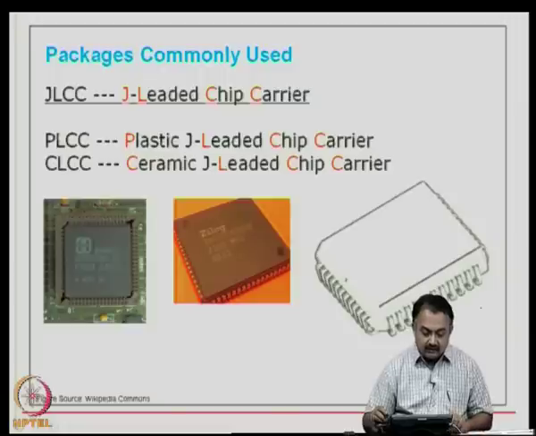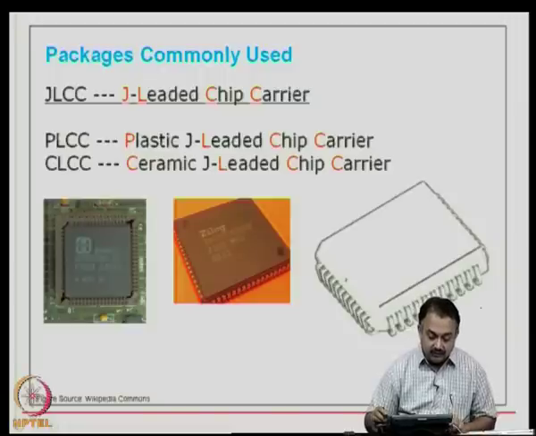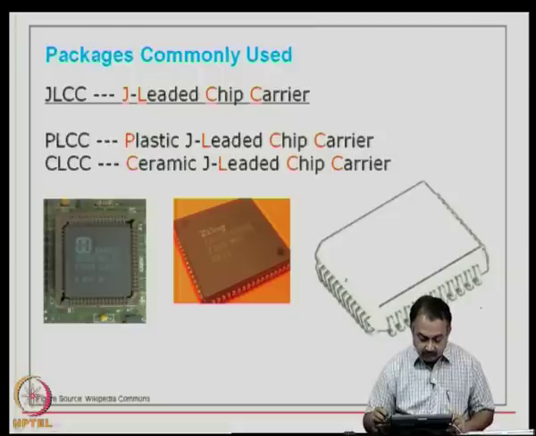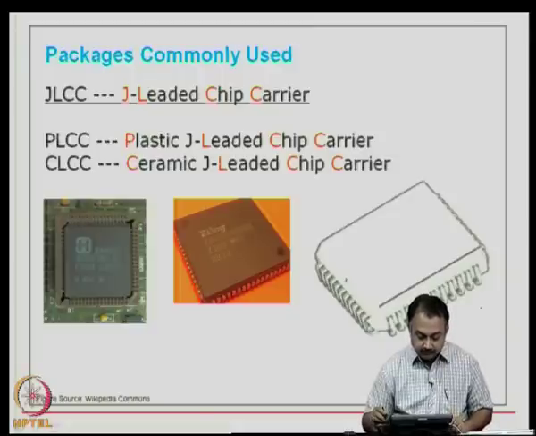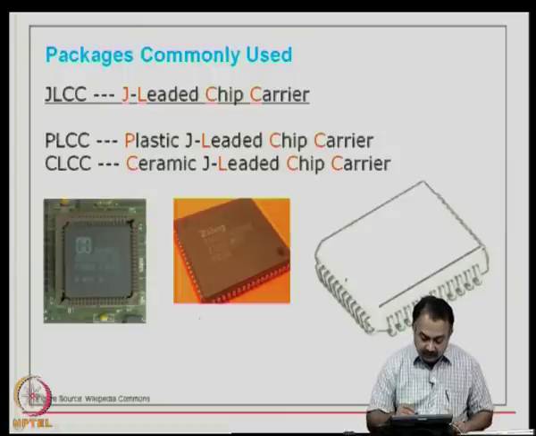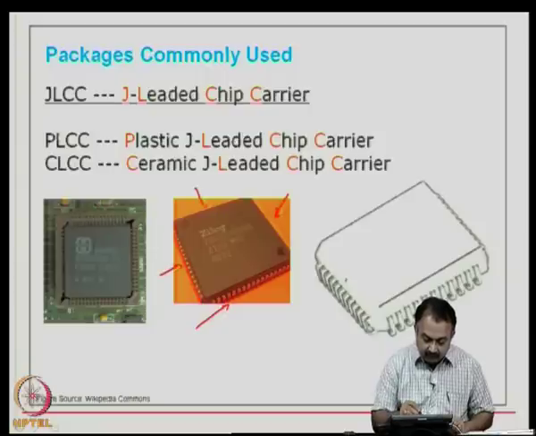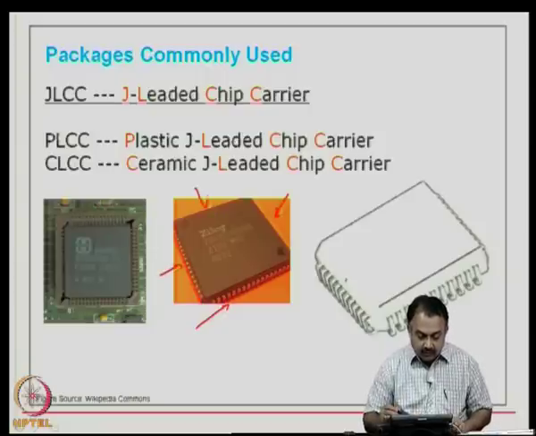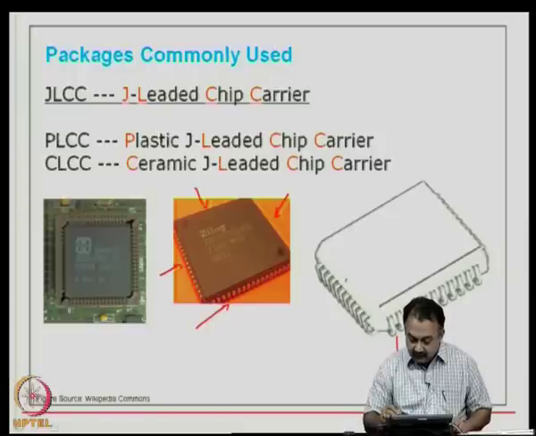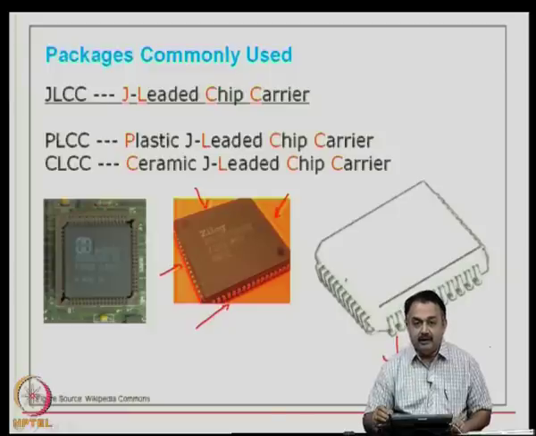Then comes the next section, which I mentioned earlier, known as J-leaded chip carriers. So, as you can see in this picture, these are quad, because you can see the connections or the IOs are at the 4 sides of the package, and typically you can see that the leads are in the form of a J bend.